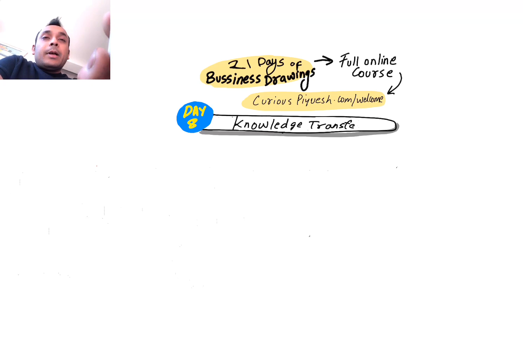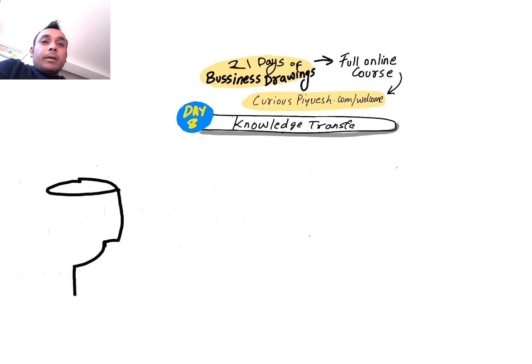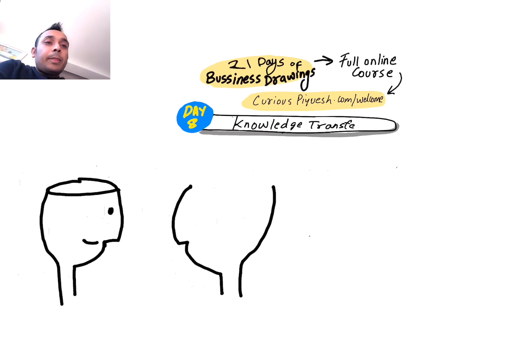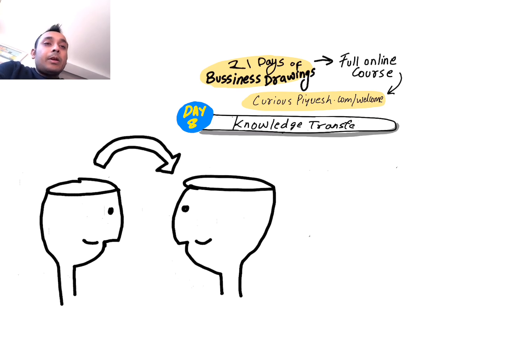Okay. So this is one person. This is another person. And knowledge is going from his brain to his brain.